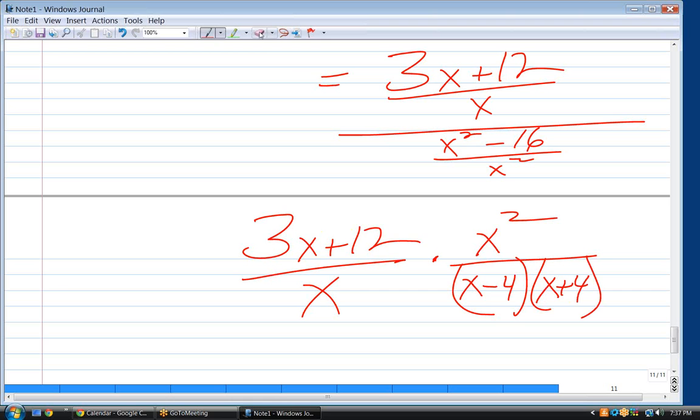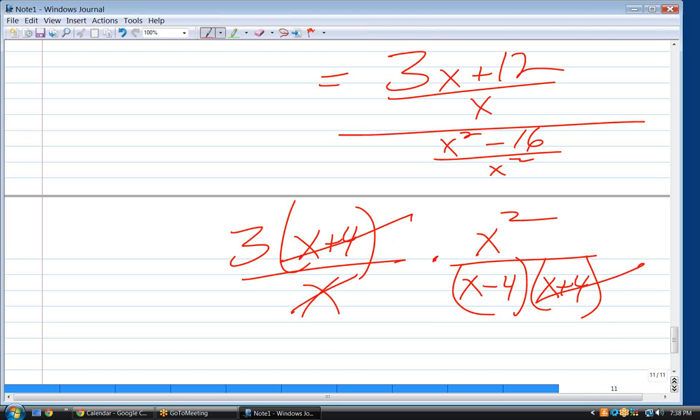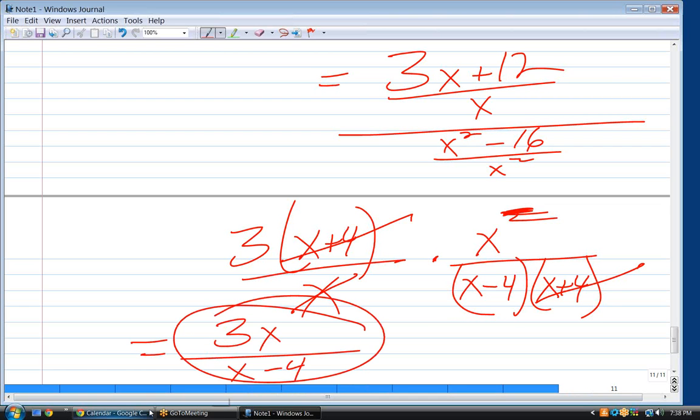If I go back and factor this and take a 3 out, then I've got 3 times x plus 4. So now I can cancel that with that, and I can cancel that with that. So now I have 3x in the numerator, and I have x minus 4 in the denominator. And there's my answer.